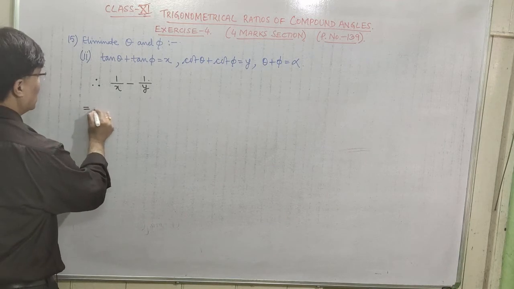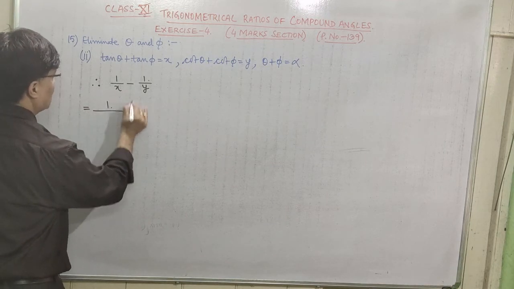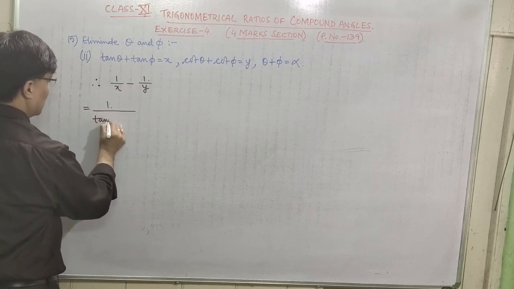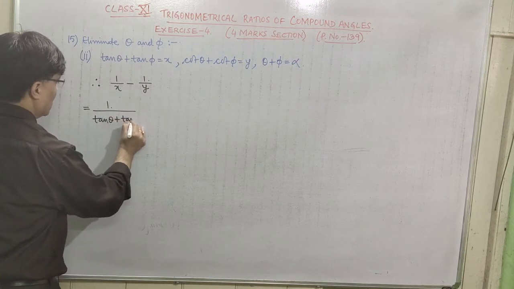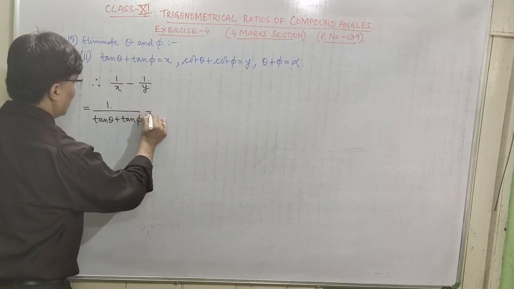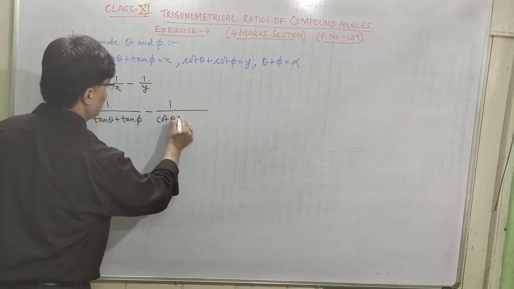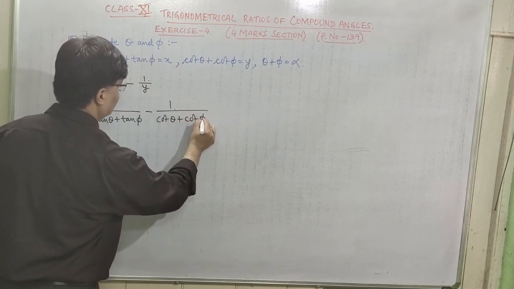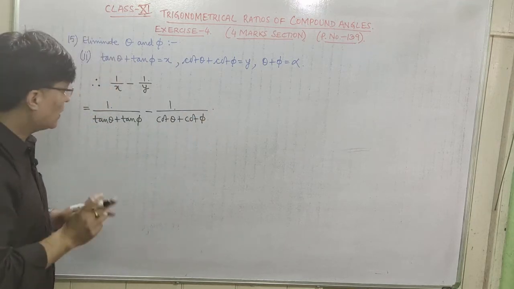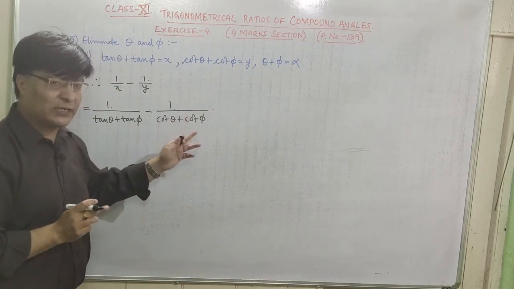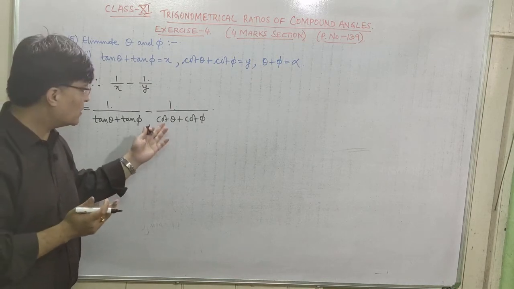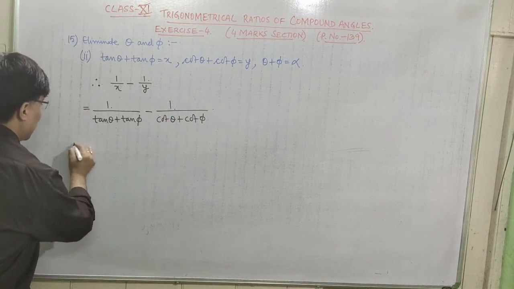Which is equal to 1 upon, what is x out here? It is tan theta plus tan phi, minus 1 upon, what is y? It is cot theta plus cot phi, right? So let us convert this cot theta and cot phi in terms of tan.